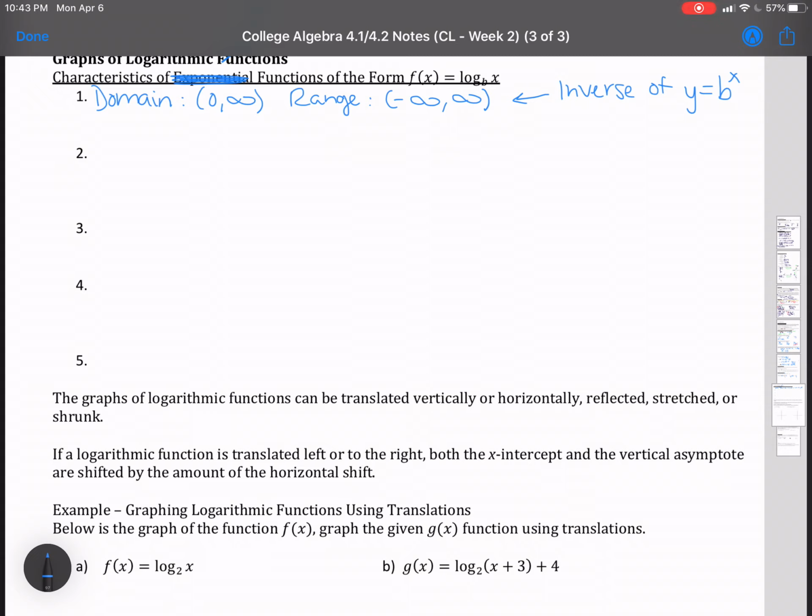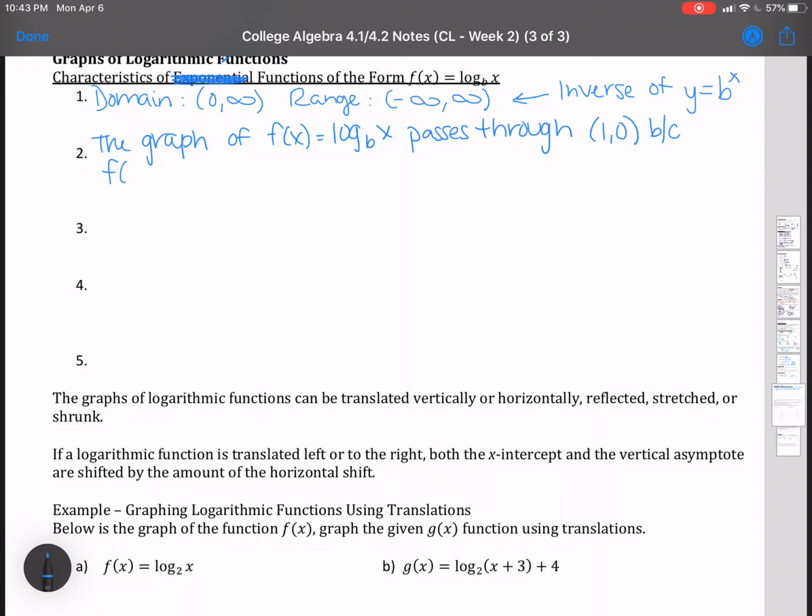Second one we have is that the graph of f of x equals log base b of x passes through the point (1, 0), because f of 1 equals log base b of 1, which we just talked about, log of 1 will always equal 0.